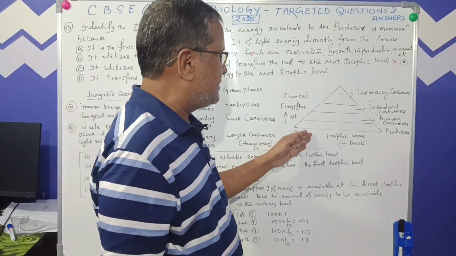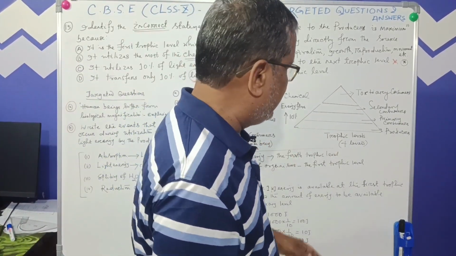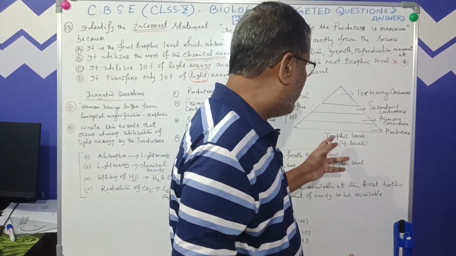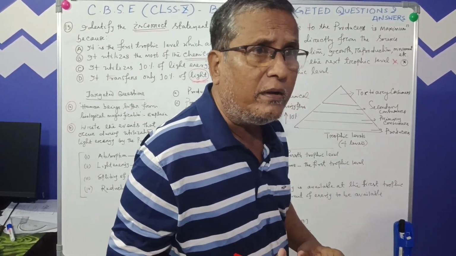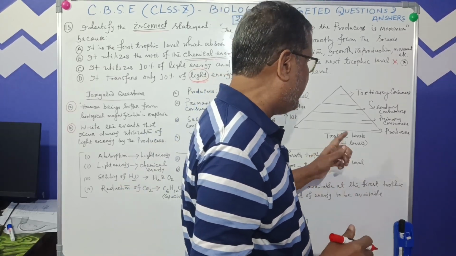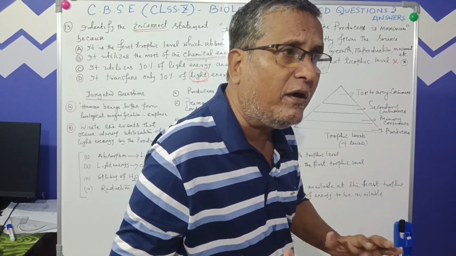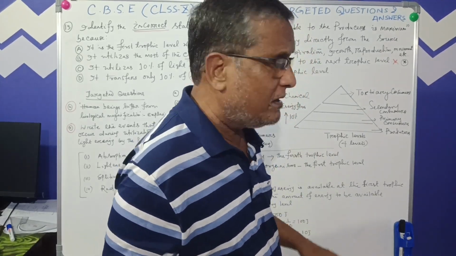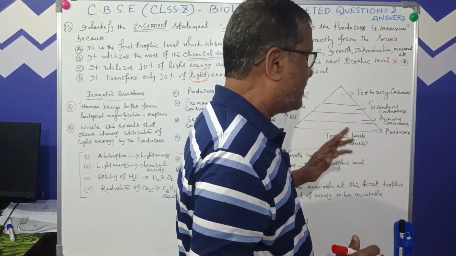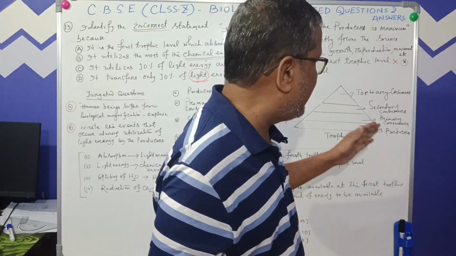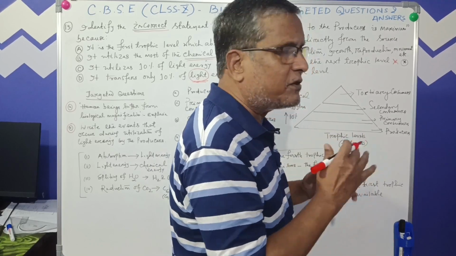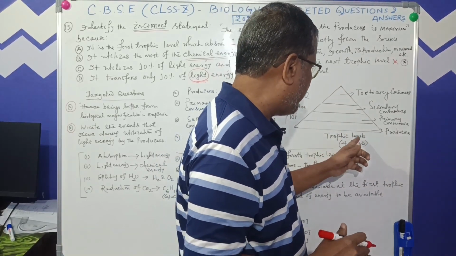Now look at the pyramidical structure that is called trophic level. What is troph? Trophic means food. The mode of nutrition or the mode of taking food is different in different organisms. So according to the mode of nutrition, the organisms, plants and animals, are classified in a pyramidical structure that is called trophic levels.